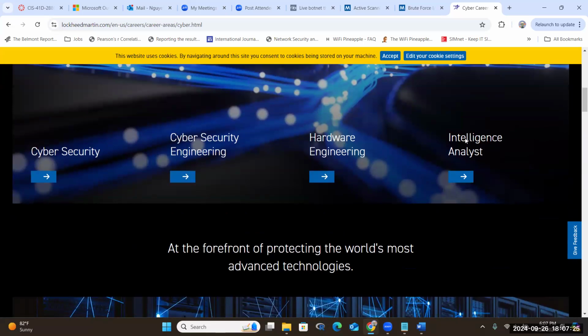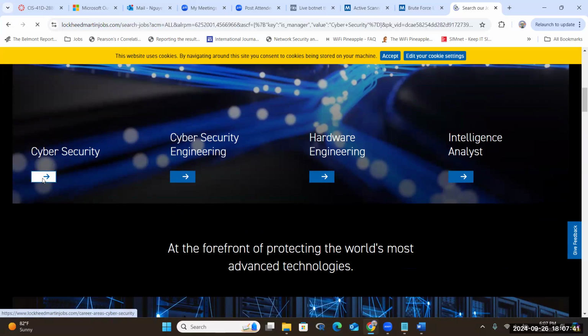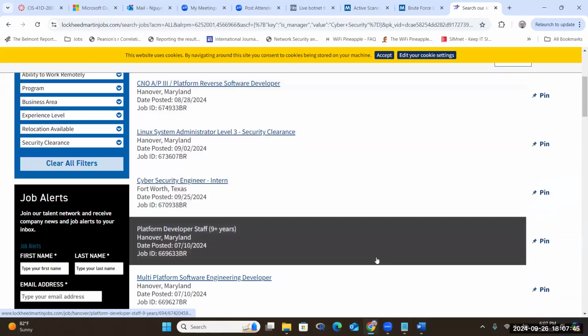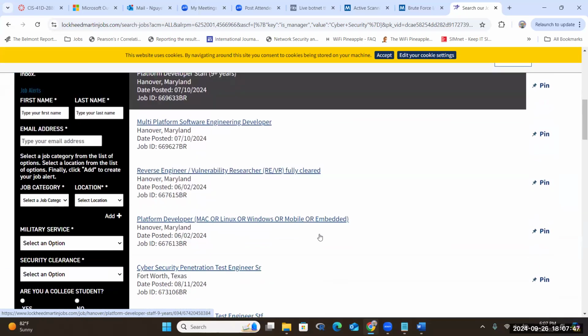We talked about intelligence today, right? That can be your job. So intelligence analyst, and then getting into more like reverse engineering and also hardware engineering, and then cybersecurity engineering. But if we go the general cybersecurity route, you would be able to see a lot of development jobs.